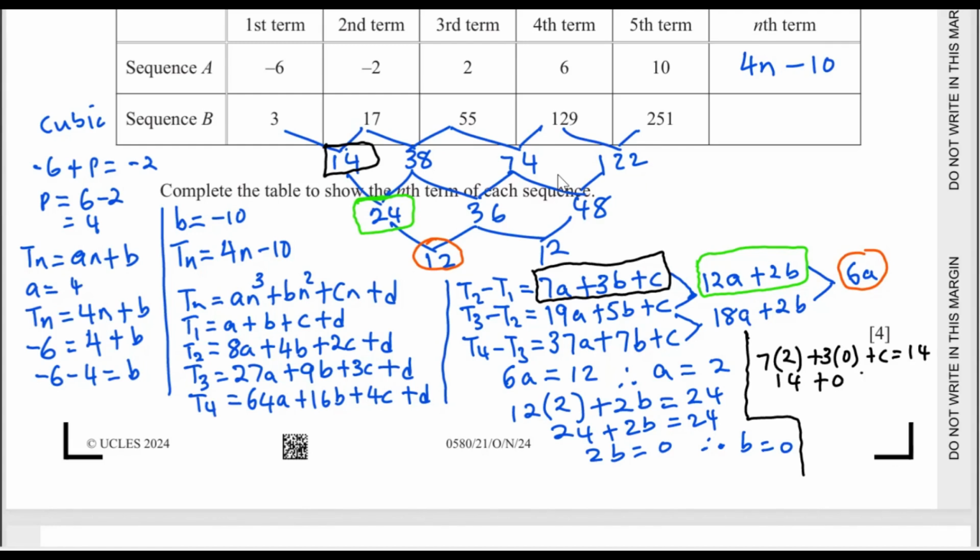B is 0, equals 14. So here you also see C is going to be 0.